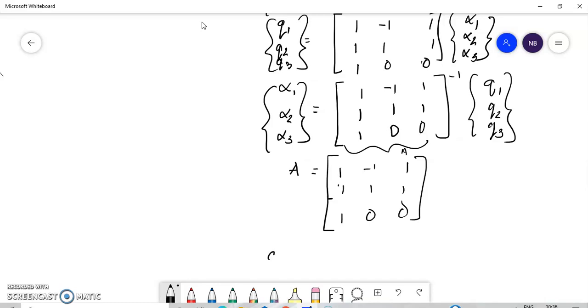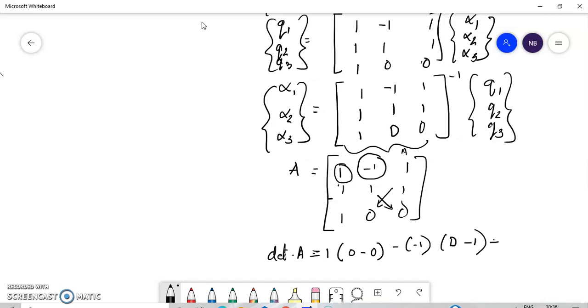So the determinant of A is equal to this term, 1 into 0 minus 1 into 0, minus this term, minus of -1 into 1 into 0 minus 1, plus 1 into 1 into 0 minus 1. We get an answer of -2.